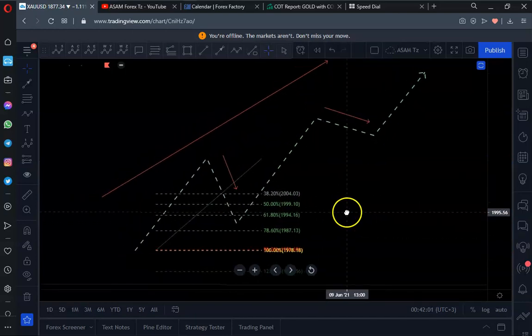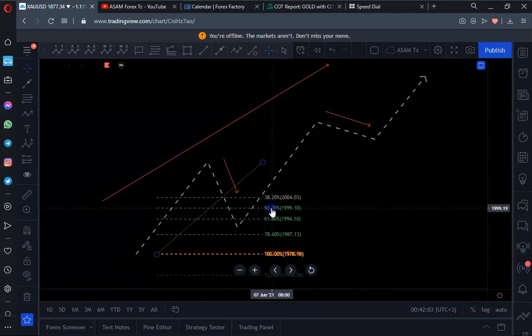Those readings are the retracement levels.